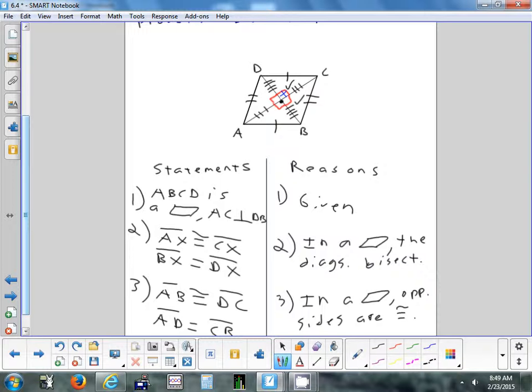Oh, they share a common line. Okay, they share a common side, side XC. So we got a side. Do they have an angle in common? Yes. Yeah, they both share a right angle. So we have a side, we have an angle. And DX and BX.